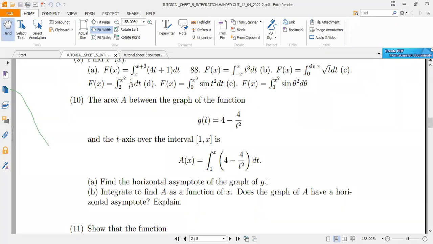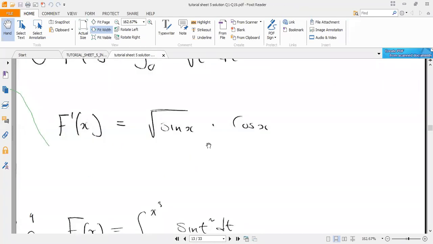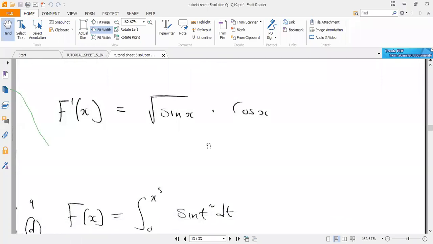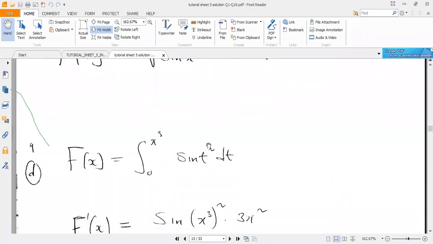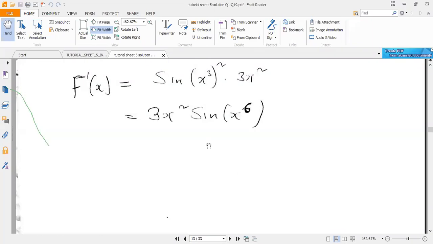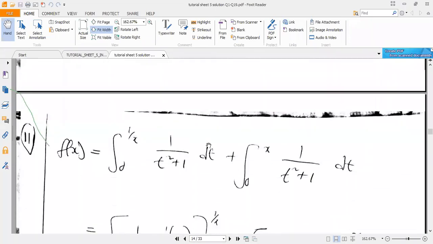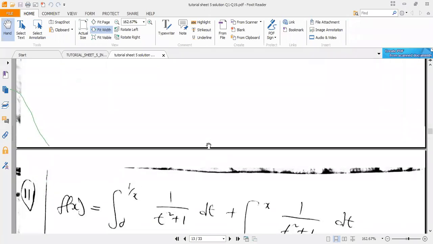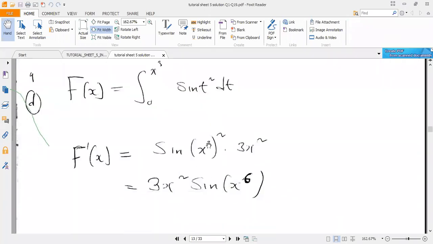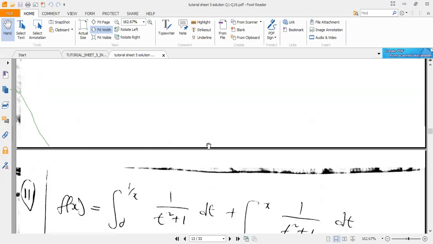So know that the graph of t is this one on top. When you are finding the horizontal asymptote, we're simply going to take the limit as x approaches negative infinity and positive infinity, right? So now, let's skip question 10.